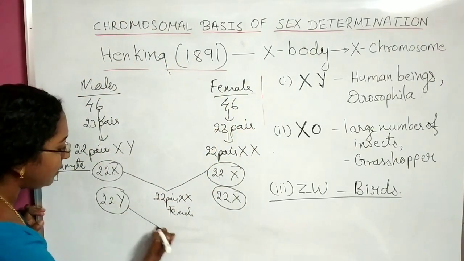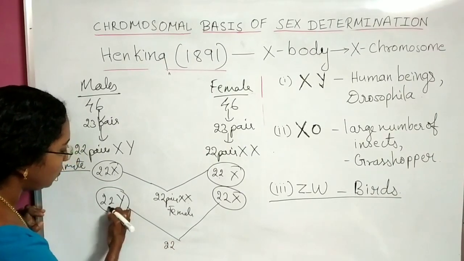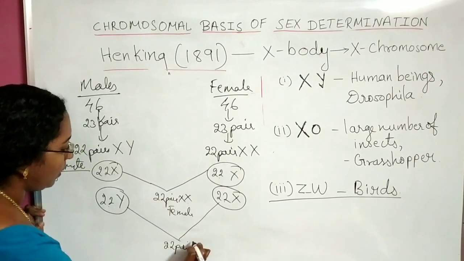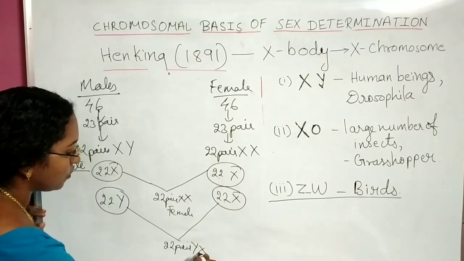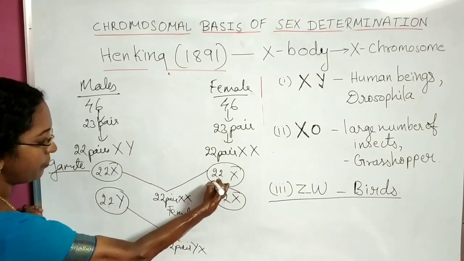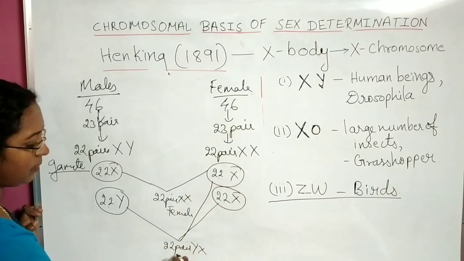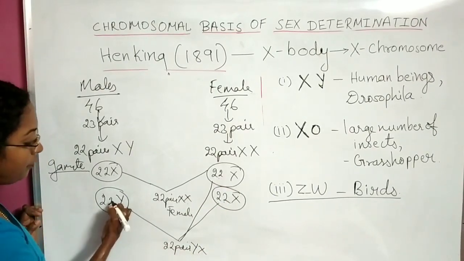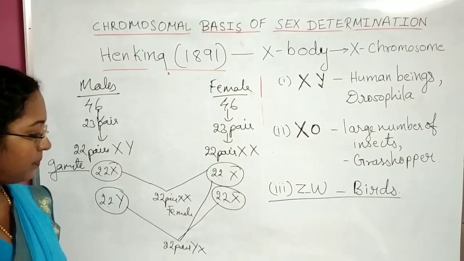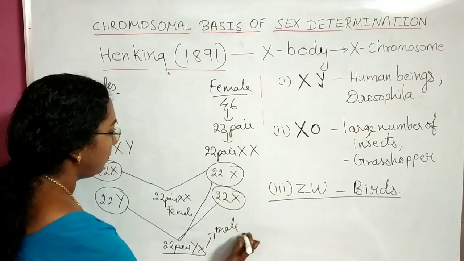If this is the gamete that is going to fuse, then 22, 22, so 22 pair. Of course, Y chromosome, X chromosome. So X chromosome is coming from any of the ova if it is fusing. If it is this one or this one, things will be same. X will be here. But if it is this one, it is going to be Y. So here the child will be male.